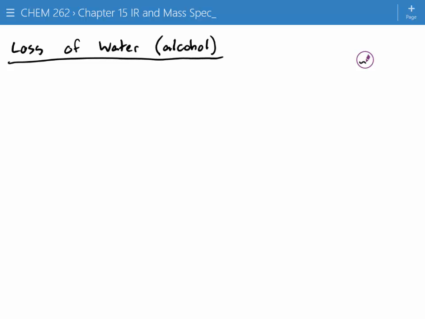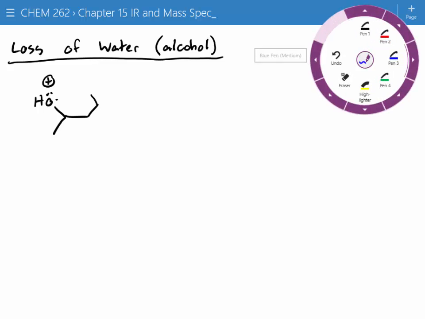Let's say we've got this alcohol here. And we've bombarded it with electrons, knocking one of those electrons off the oxygen. Now this oxygen's got a positive charge. But if we look over towards that oxygen's right, there's actually a proton hanging out. So I'm going to draw this proton as blue.